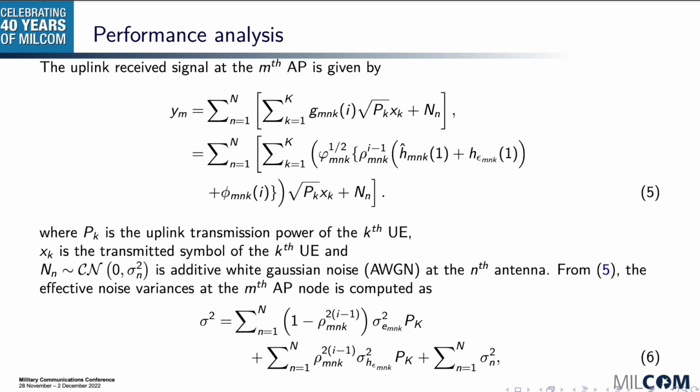Coming to the performance analysis, the uplink received signal at the mth AP is given by y_m, which is equal to the summation of n equal to 1 to capital N, because we are considering every antenna, and k equal to 1 to capital K, which is every user, of g_mnk[i] times the square root of p_k x_k, plus noise. p_k represents the uplink transmission power of the kth UE, x_k is the transmitted symbol of the kth UE, and n is the additive white Gaussian noise at the nth antenna, hence represented as n_n.